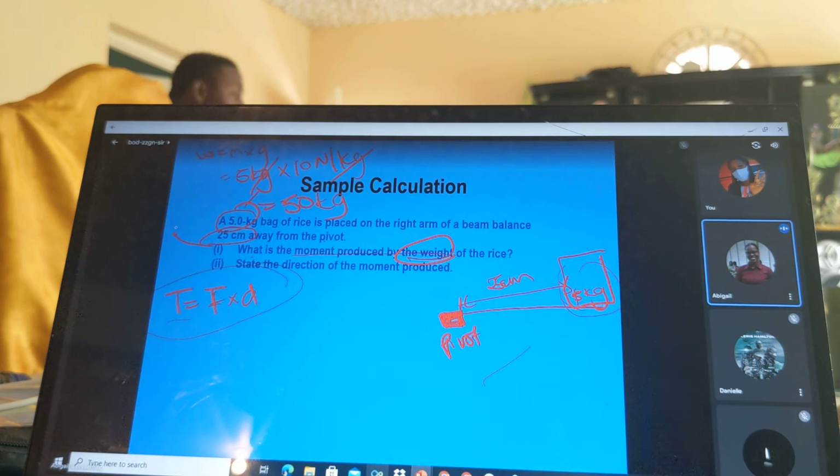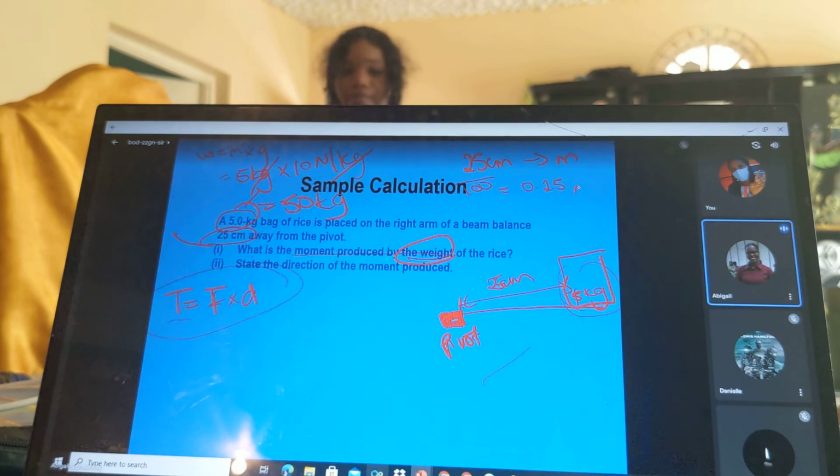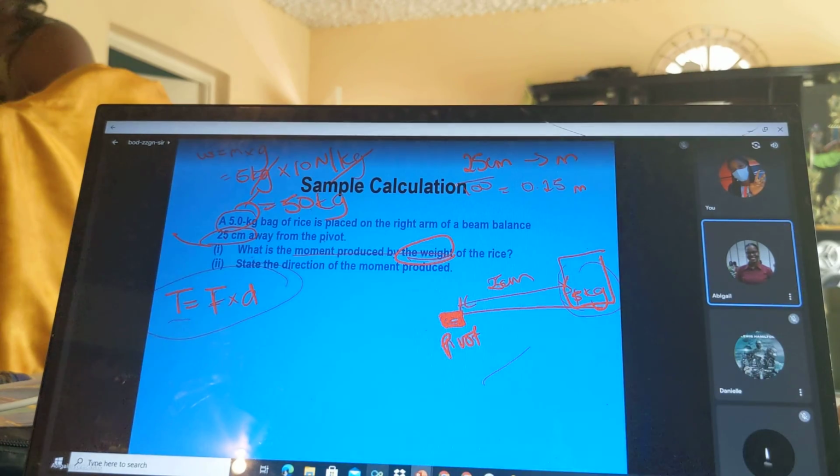We are going to do one more thing. We are always going to work in SI units, so we are going to convert this to meters. 25 centimeters in meters is how much? Which is larger, centimeter or meter?